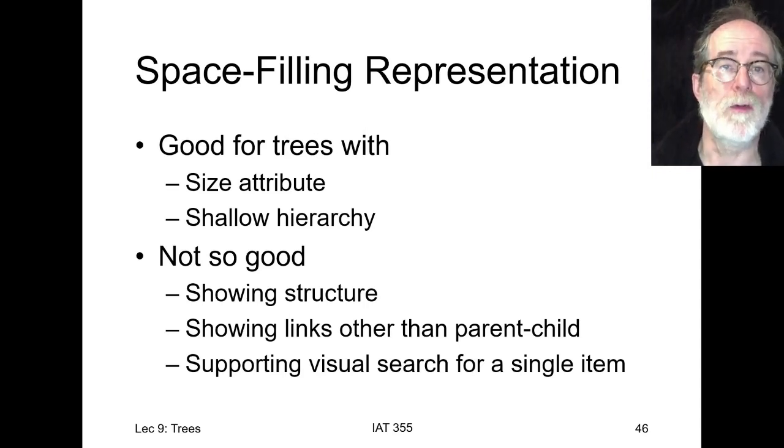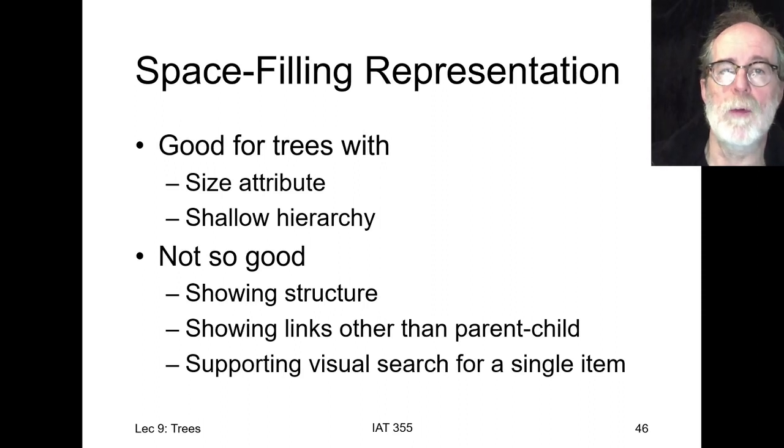It also doesn't overtly depict links other than parent-child, and parent is basically contains children. If you want to show other links, then that's hard to do. And supporting visual search for a single item is also hard.